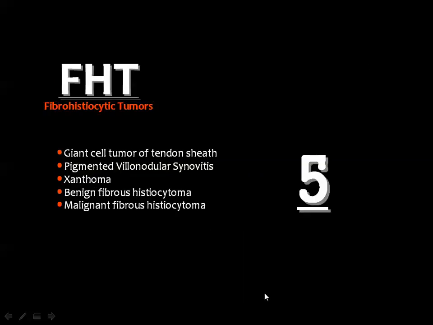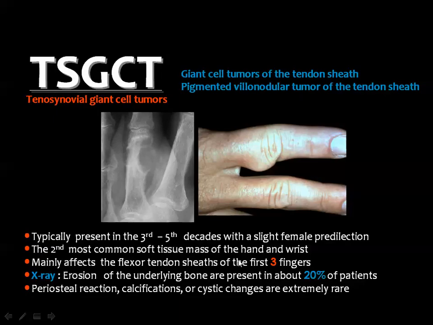And starting by fibrohistiocytic tumors, we have five main lesions, which are the giant cell tumor of the tendon sheath, pigmented villonodular synovitis, the xanthoma, benign fibrous histiocytoma, and the malignant fibrous histiocytoma.